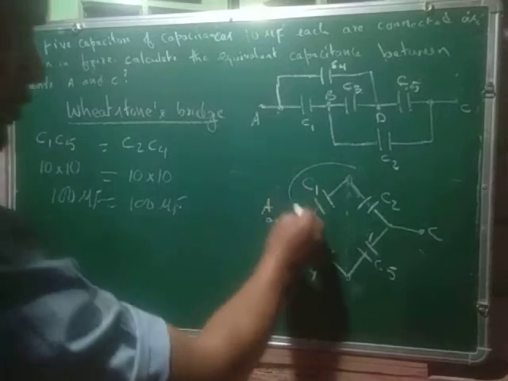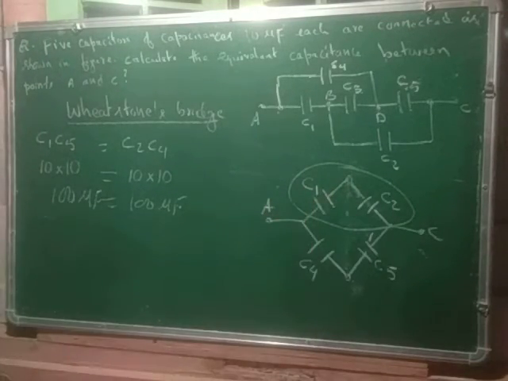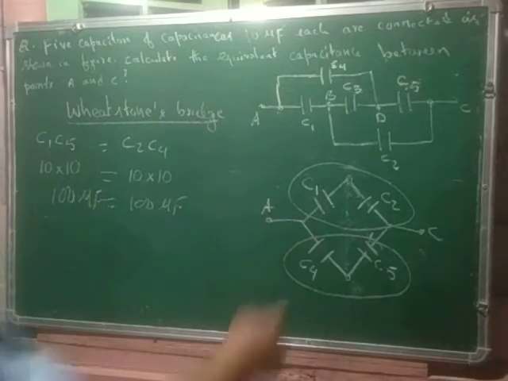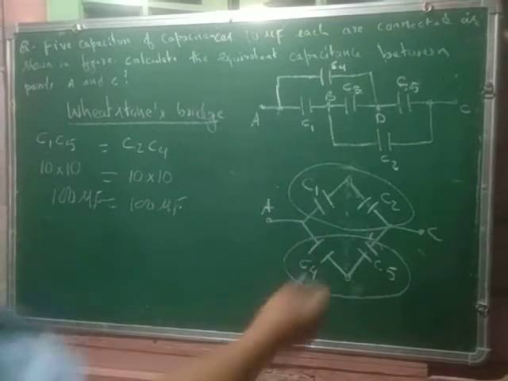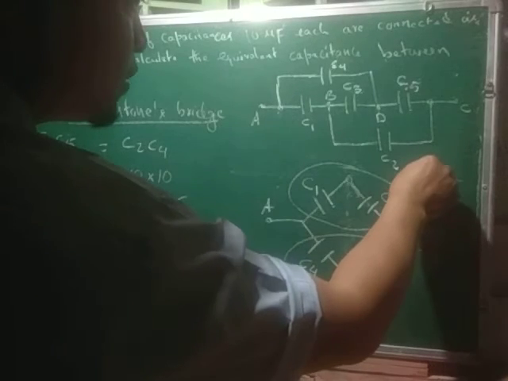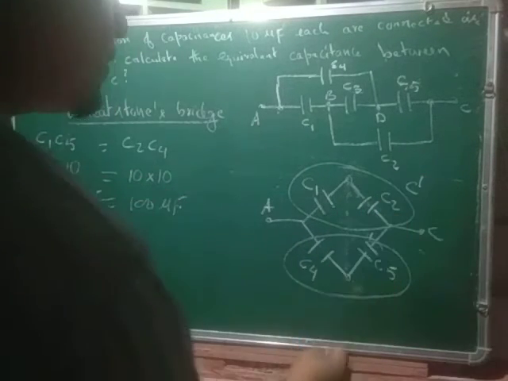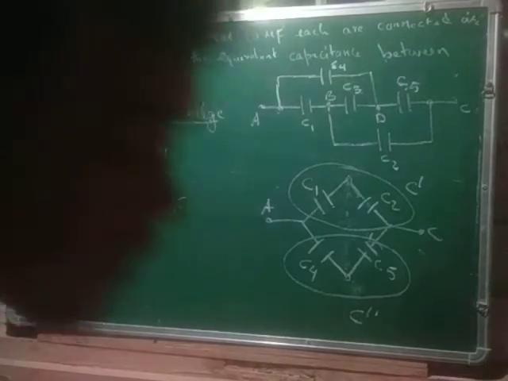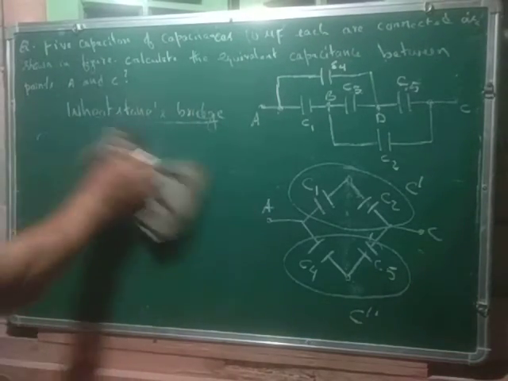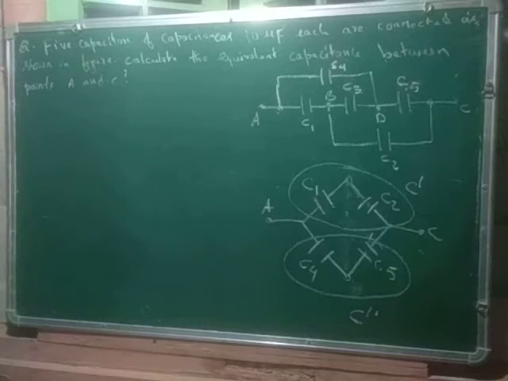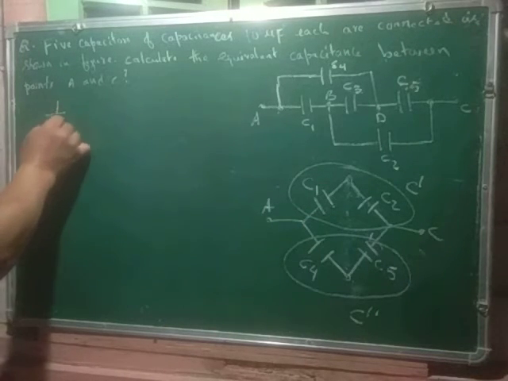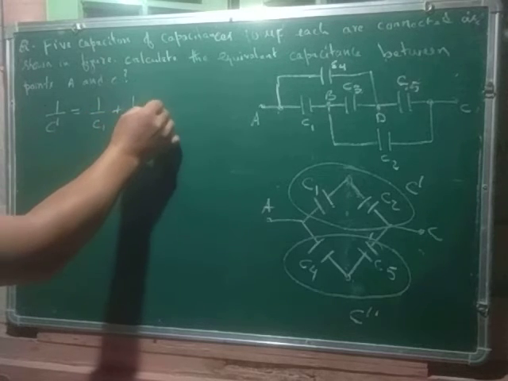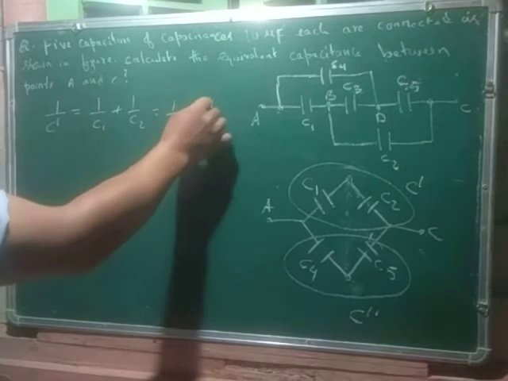Looking at this circuit, we can see that C1 and C2 are in series. Similarly, C4 and C5 are in series. Let's say the equivalent capacitance of the first two is C dash, and the equivalent capacitance of the other two is C double dash. Now we will find C dash and C double dash. Because they are in series, 1 upon C dash equals 1 upon C1 plus 1 upon C2, which means 1 upon 10 plus 1 upon 10.